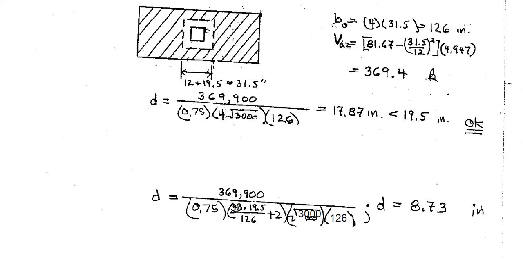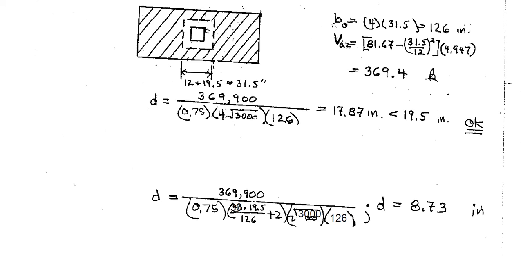As we know our punching shear, we are inserting it here: phi 0.75, 4 is 4, 3000 psi, b naught 126. After calculating, we are getting 17.87, which is very close to our provided and less. That means we are good.